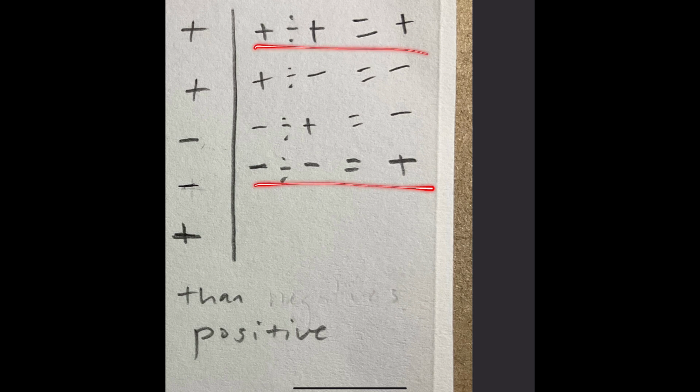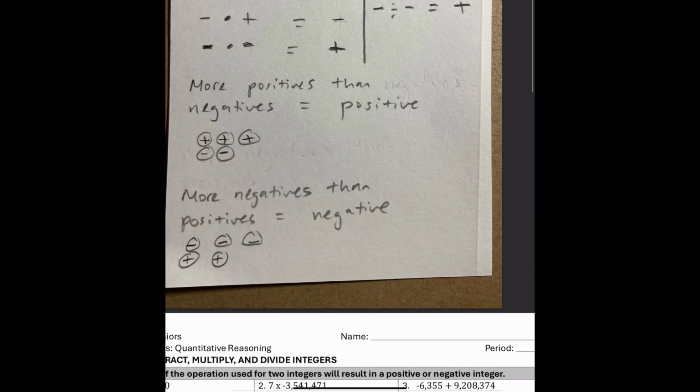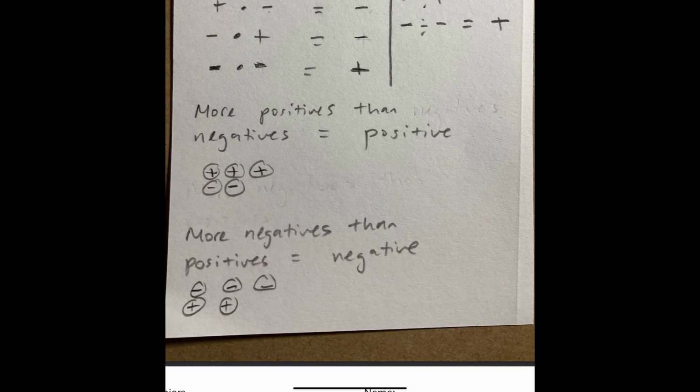We can look at the first and the last rules here. Positive divided by positive, they're the same, therefore it's positive. Negative divided by a negative, they're the same, so you're going to get a positive. Here we have different signs, so positive divided by negative is a negative, and negative divided by positive is a negative, all right?